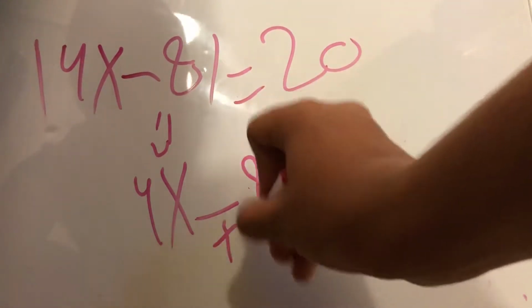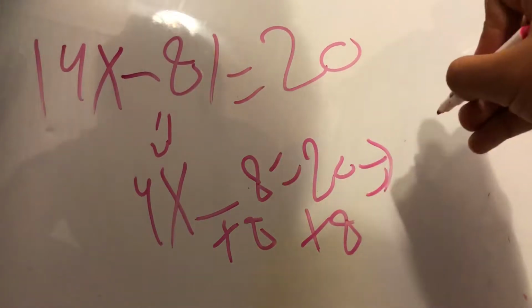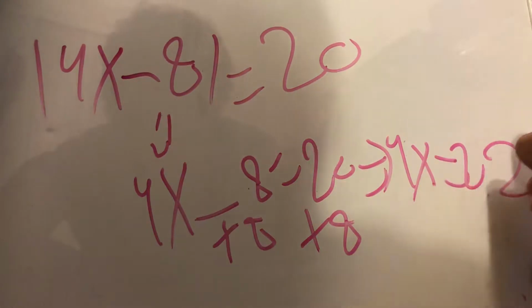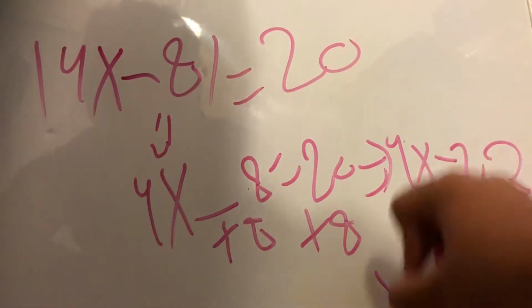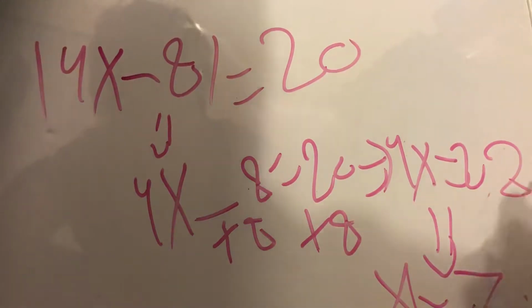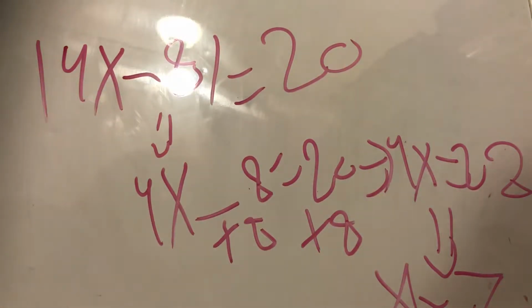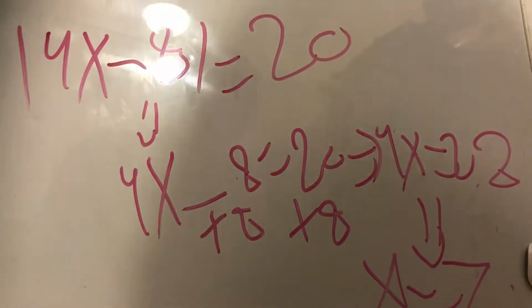We add 8 here, we add 8 here, it's gonna be 4x = 28, and then x equals 7. That is the first answer for this equation. So x equals 7 very easily.